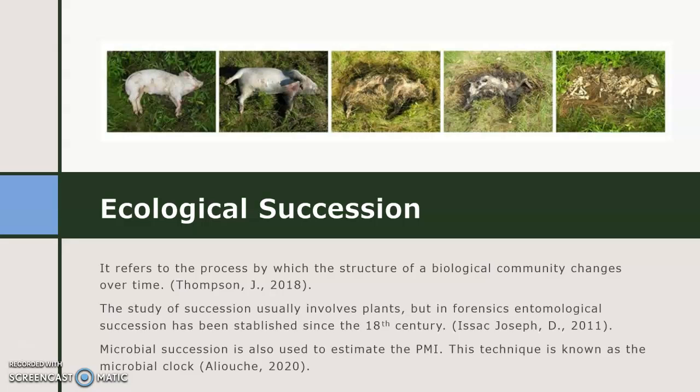Ecological succession. Ecological succession is the process by which the structure of a biological community changes over time. Usually, when biologists or ecologists talk about ecological succession, they are referring to plants.